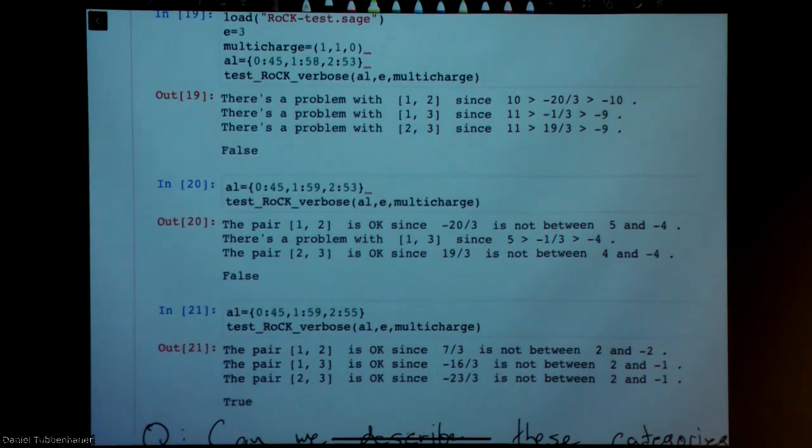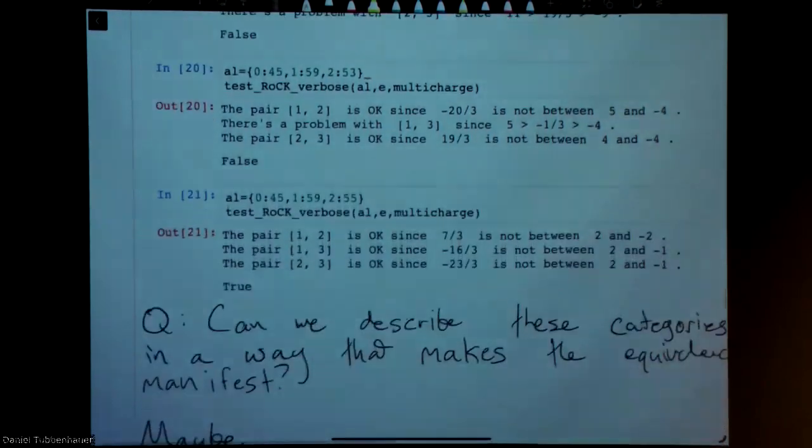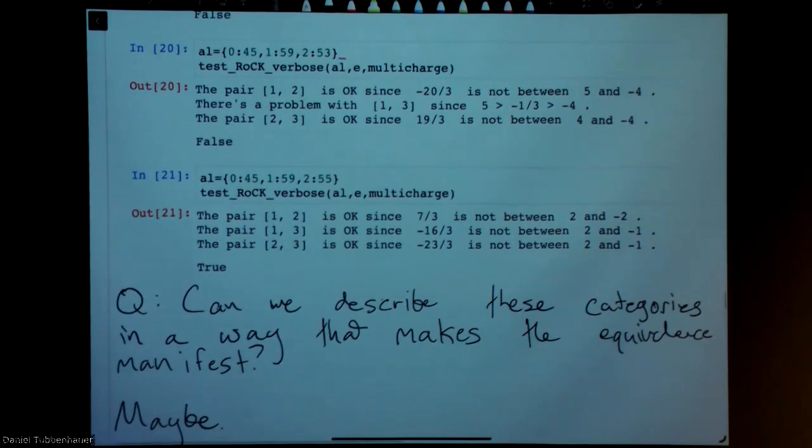And I think this is only in the case where the defect group is abelian. And for Ariki-Koike algebras, it's not so clear how to generalize that. But I think I actually have an idea about how to do this.